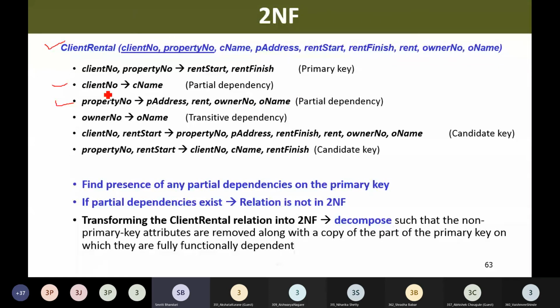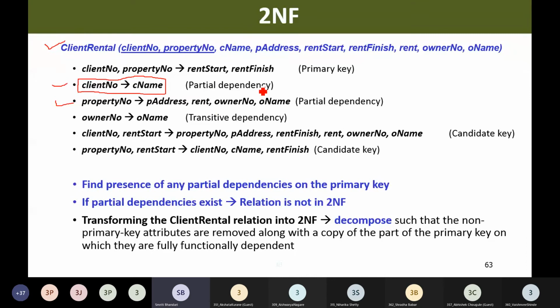What does this mean? In simple words, once we have identified the partial dependencies, we are going to decompose this relation such that we use this partial dependency and create a separate table with these attributes, right?